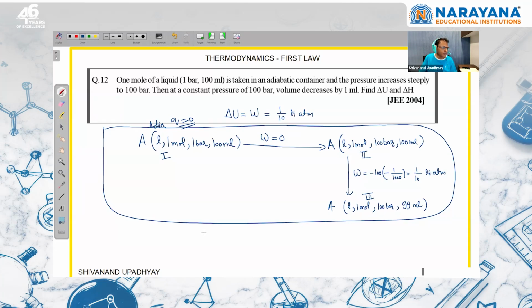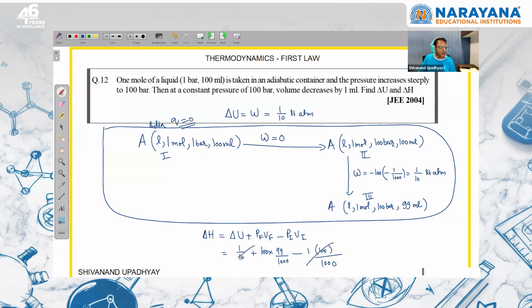Now I have to calculate what is the enthalpy change for the whole system. Enthalpy change will be internal energy change plus P final V final minus P initial V initial. So from here delta U की value है 1/10 liter ATM में, P final becomes 100, and final volume becomes 99, so 99 divided by 1000 ये लीटर में हो गया, minus initial pressure was 1, volume is 100 ml, so 100 divided by 1000.